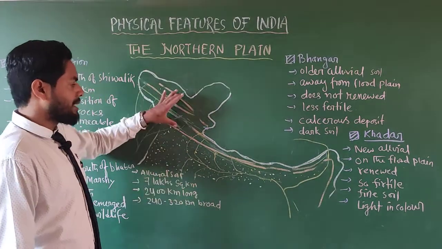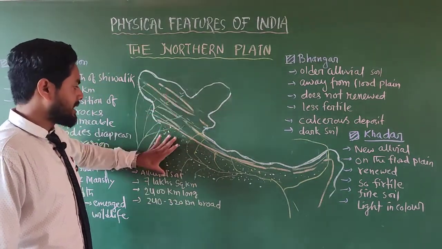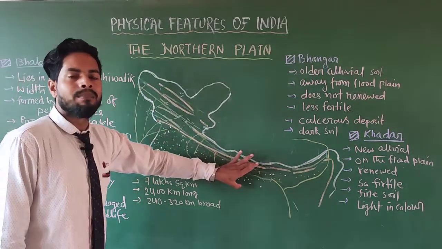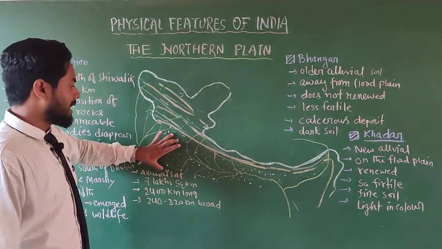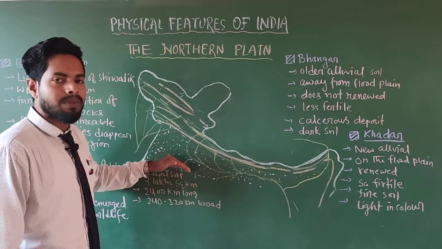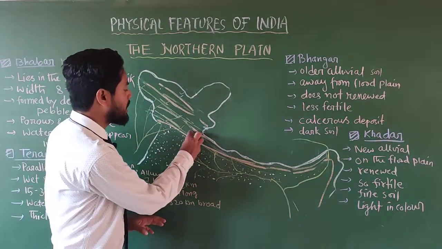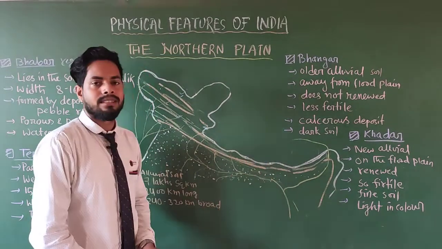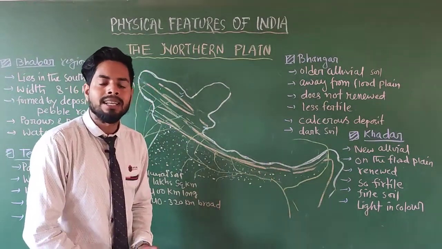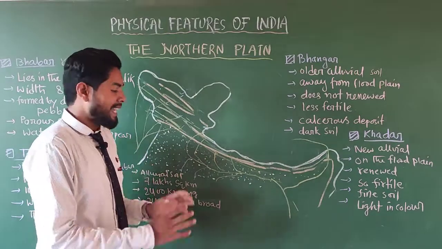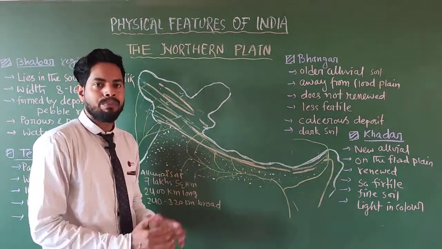This is the Himalayan mountain. After that, this is the northern plain, and it lies just south of the Himalaya. You can also say that it lies at the foothill of the Shivalik mountain. It takes millions of years to form.